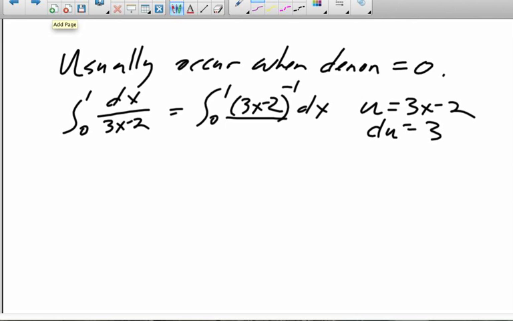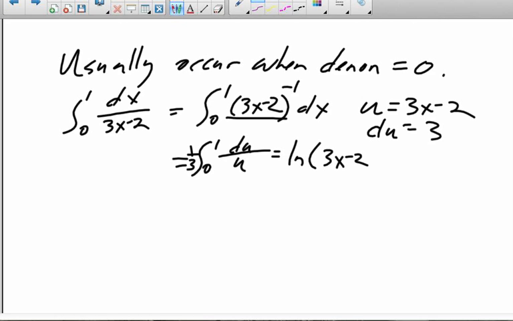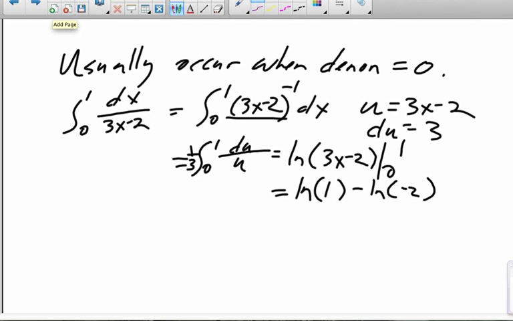So essentially I'm going to end up with an integral of 1/3 du over u, which is the natural log of 3x minus 2, evaluated at 0 and 1, so it would be the natural log of 1 minus the natural log of negative 2. This is 0. This doesn't exist.